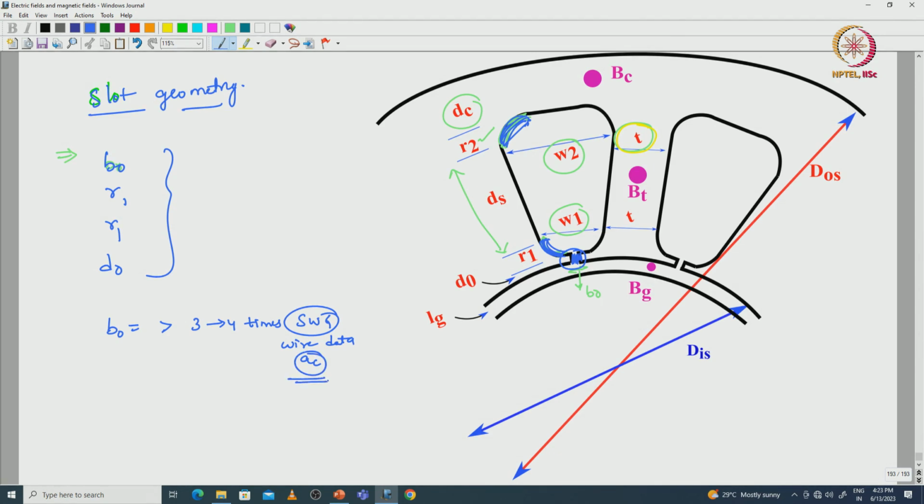Based on that, 3 to 4 times the cross sectional area we have to consider for slot opening. In order to insert the conductors one by one in the slots, this slot opening width should be 3 to 4 times the area of each conductor.